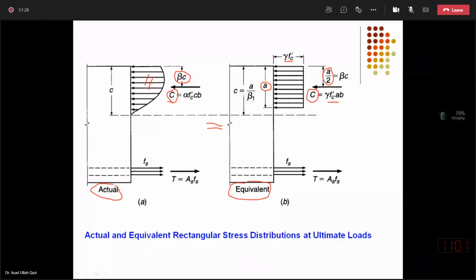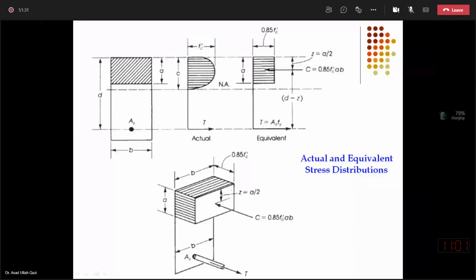Again, just to tell you, on an isometric view, we are actually looking for the resultant C and resultant T, and in between them the lever arm is giving me the internal capacity. So the same picture on the previous slide is now shown on the isometric view, that on this area actually the uniform stress is present.